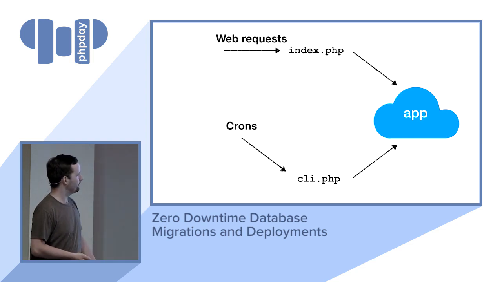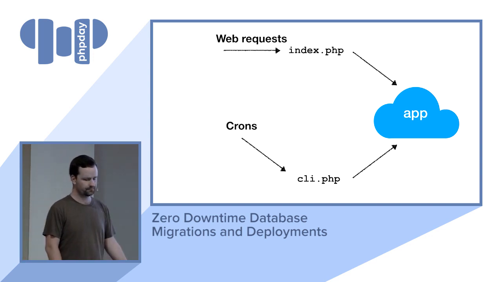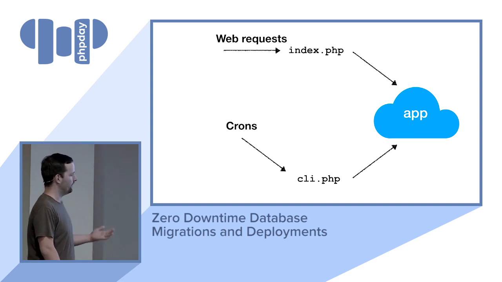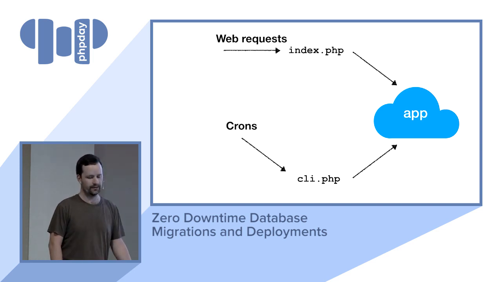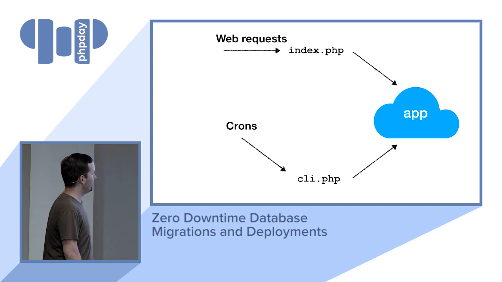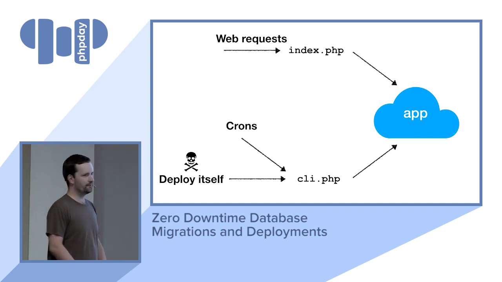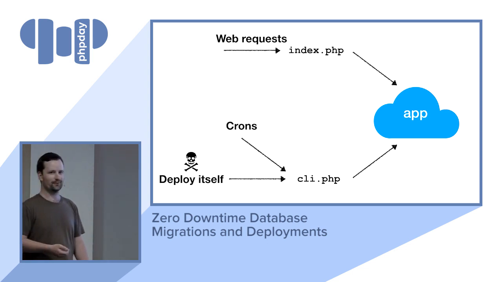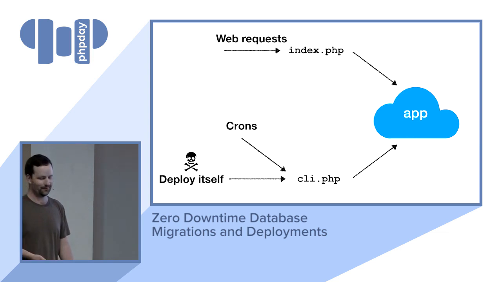And we also modified our CLI.php that handled all the crons, so that CLI.php immediately exits and doesn't do any harm to the modified database. But the main problem was that CLI.php also handled parts of the deploy itself. So while the site was down, we weren't able to deploy it, which was a problem.